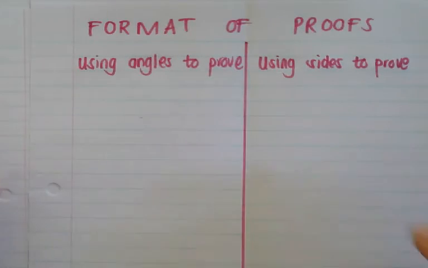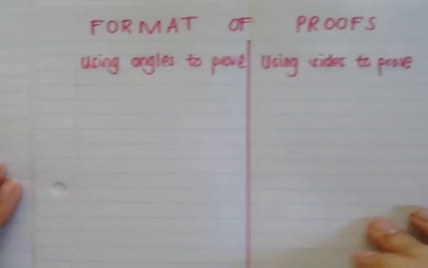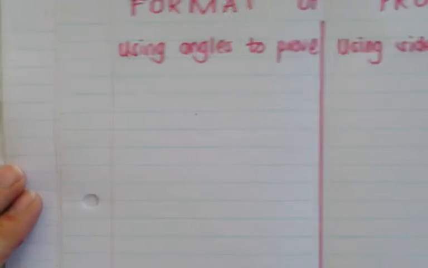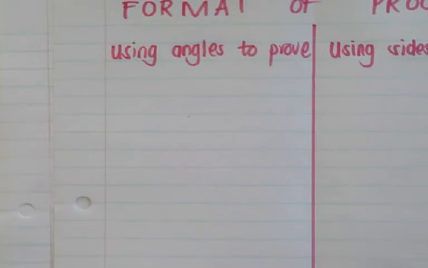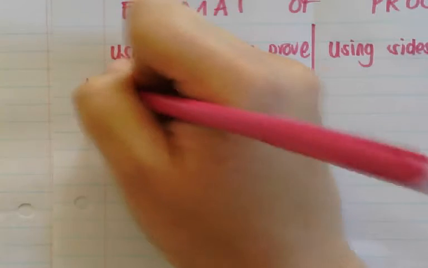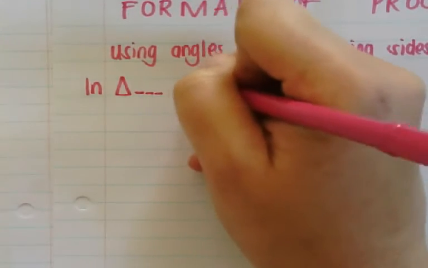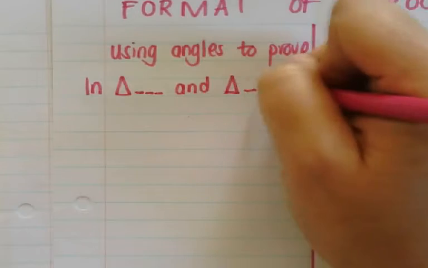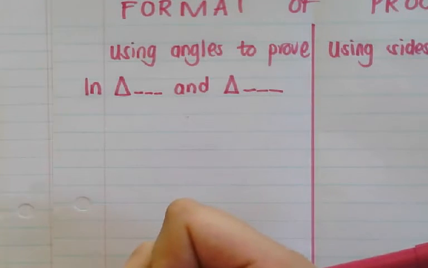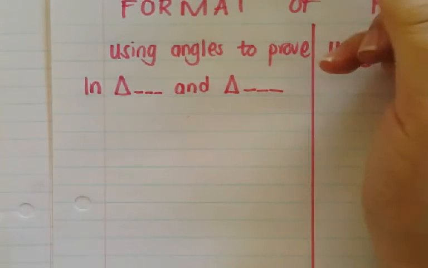Okay, so I'm going to focus on the one, finish it, and then do the other, okay? So I need to know which triangles I'm dealing with, and I always start in triangle 3 letters and triangle 3 letters. I will be obviously given information on angles.